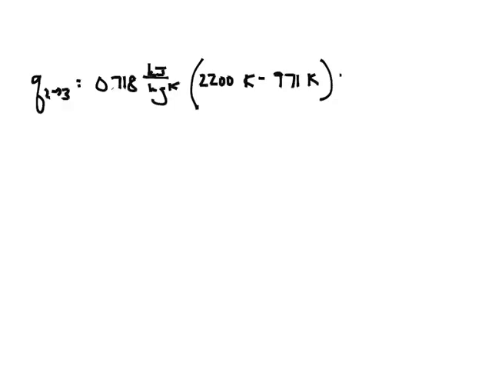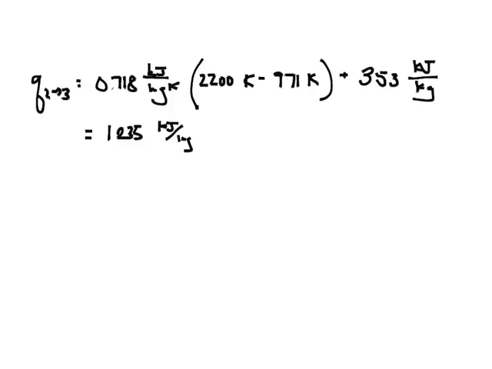So Q2 to 3 is 0.718 kilojoules per kilogram Kelvin times 2200 Kelvin minus 971 Kelvin, that's the delta T, plus boundary work, which is that 353 kilojoules per kilogram that we calculated, and so we get 1,235 kilojoules per kilogram.